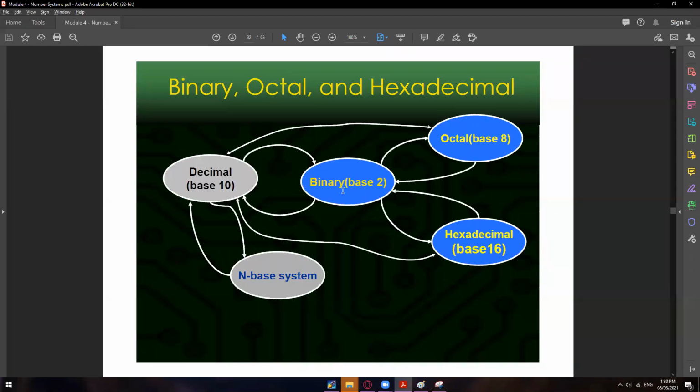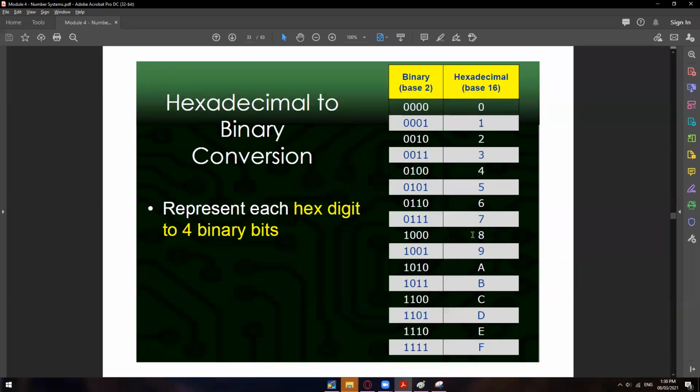And here's a summary when it comes to binary, octal, and hexadecimal. You can convert binary to decimal, decimal to any base, and so on. This one is quite messy, but those are the things you can do when it comes to conversion. And then we have hexadecimal to binary conversion. This is similar to decimal, but hexadecimal can reach up to 15, or 10 to 15.